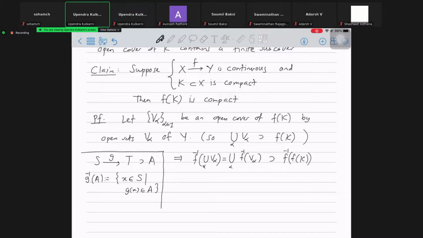Yeah, I can perfectly well do that. In that case, all that will happen is that g inverse of A will be the empty set. Okay, so it makes perfect sense.